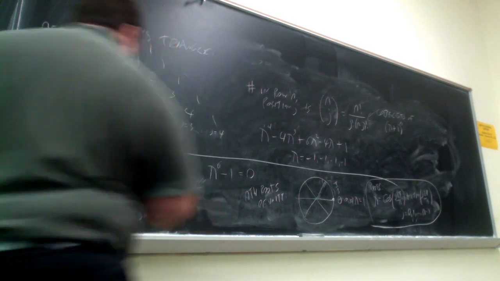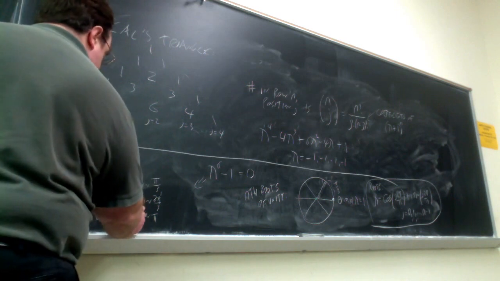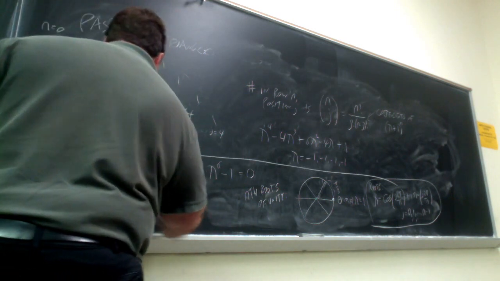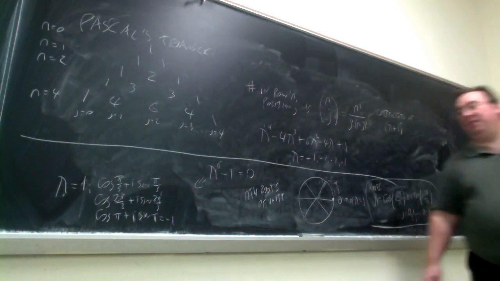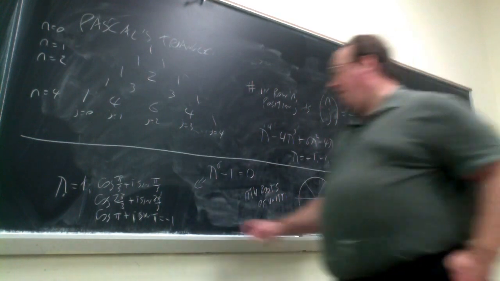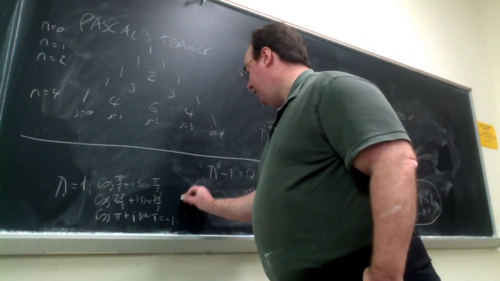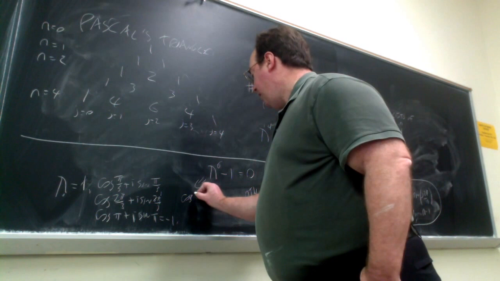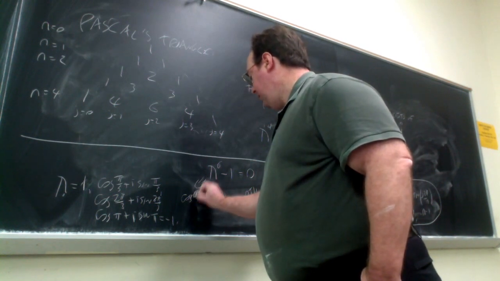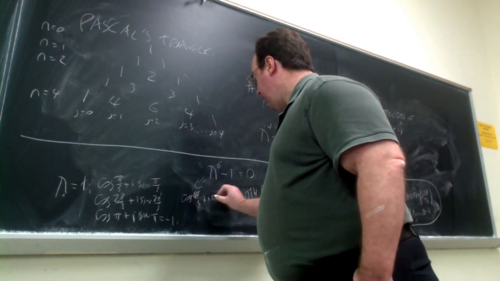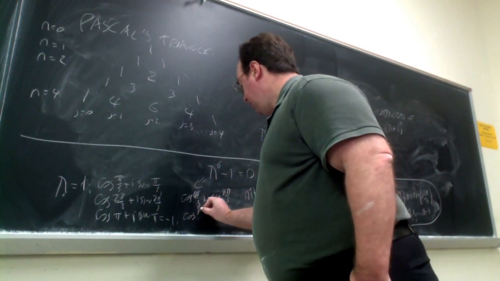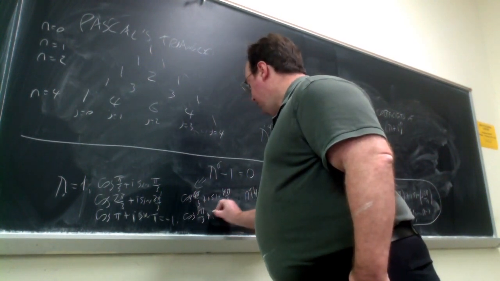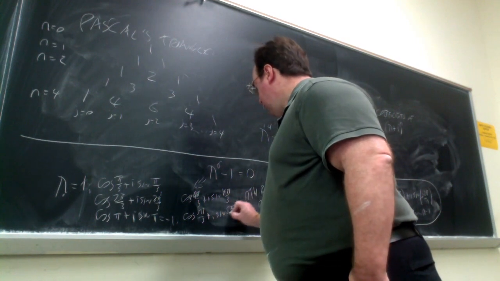But you should know that cosine pi is equal to minus 1 and sine pi is equal to 0. Whoops, sorry, my first root is supposed to be 1, not 0. Theta equals 0. And then you keep going. So you have cosine 4 pi over 3 plus i sine 4 pi over 3 and cosine 5 pi over 3 plus i sine 5 pi over 3.